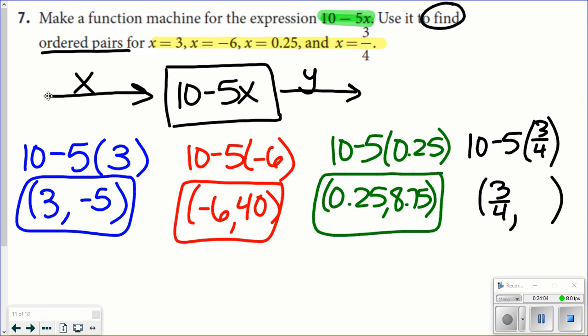Then when I plugged in 3/4, I got 25 over 4. You could change that to 6 1/4 if you wanted to. Some of you might have had the decimal form of that, which is 6.25. And this is where we're going to stop for today.